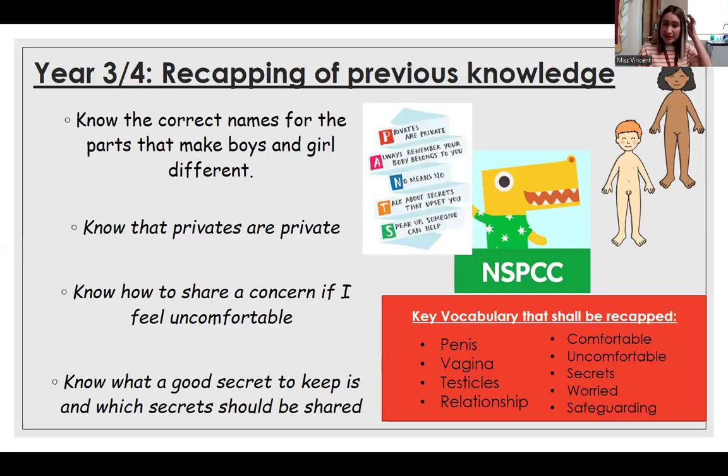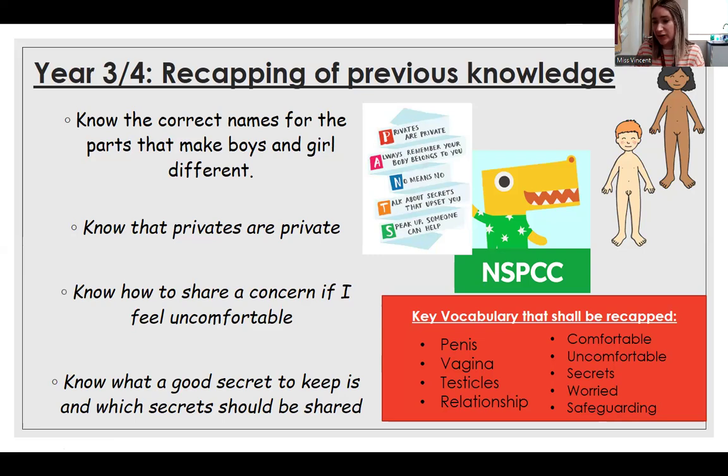So I'm just going to take you through now what the individual lessons look like and what the children will learn. So we begin the year by recapping their previous knowledge. So if the children were in Year 1, 2, we will recap their knowledge of knowing the correct names for the parts that make boys and girls different.